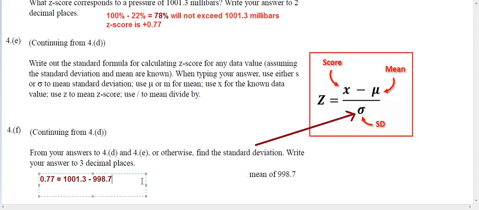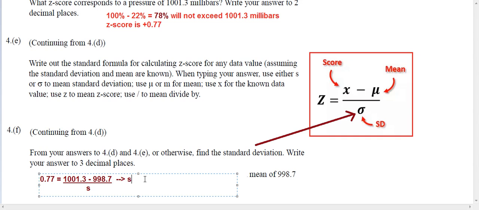all divided by the standard deviation S, what we want to find. The next step is to move the standard deviation to the other side and bring 0.77 here.